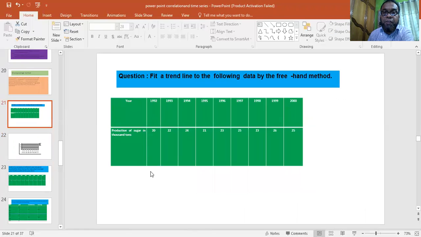Say for 1992, you will put the year on the x-axis and the production on the y-axis. For 1992, you will put 20. In 1993, you will put 22. In 1994, you will put 24. In 1995, you will put 21. Then you join, and you will get a curve line. This is called the trend line.